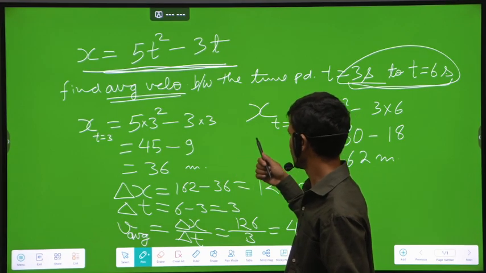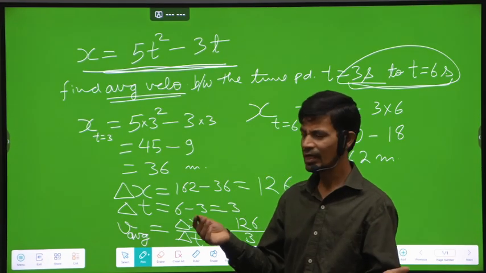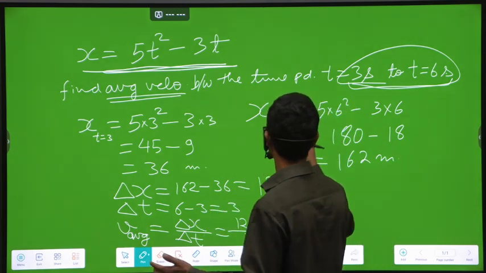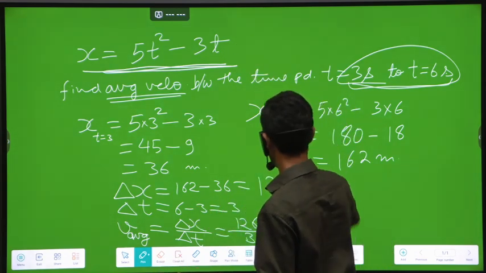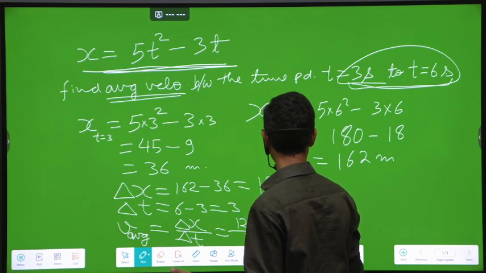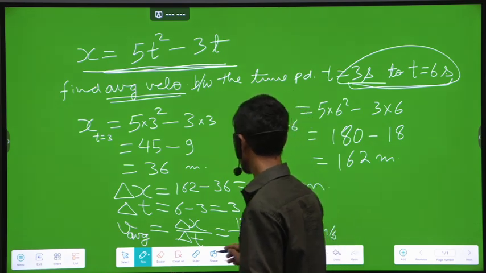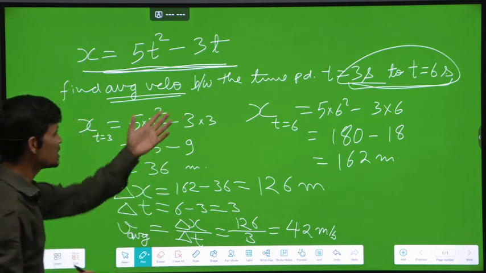And in the same question, they can also ask, find velocity at a particular time.